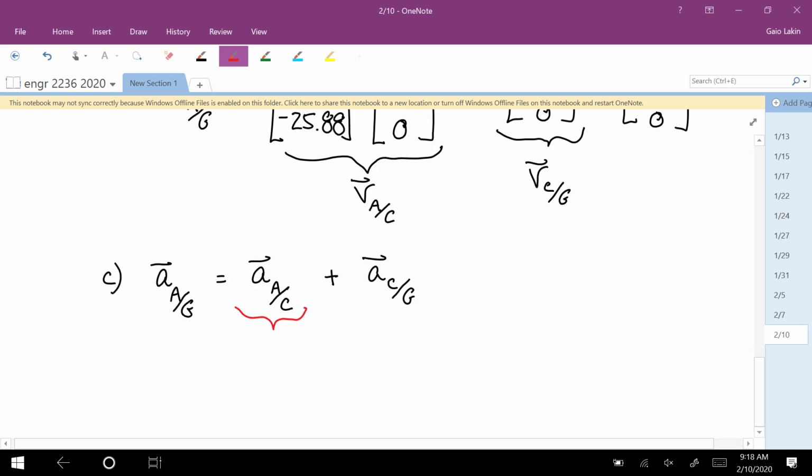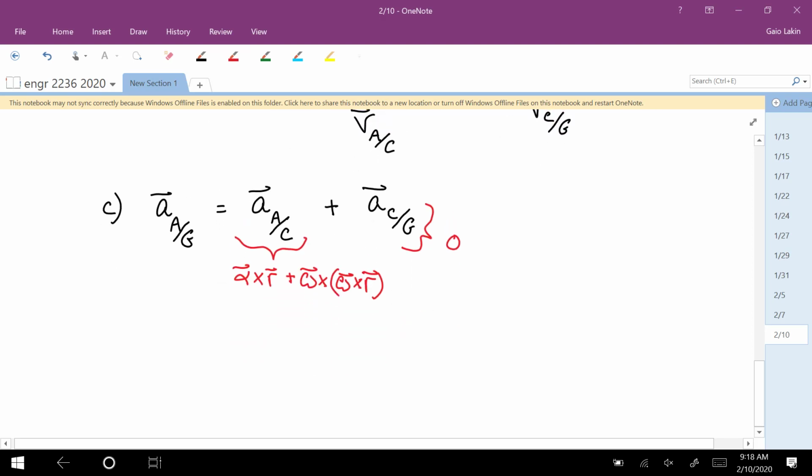Yeah, watermelon equation. So this is alpha cross R plus omega cross quantity omega cross R. And the acceleration of the center relative to the ground, well, this is moving with a constant velocity, so this is a zero vector.